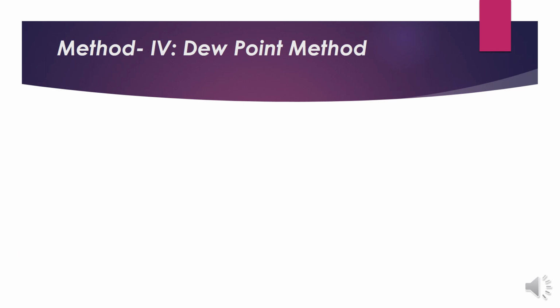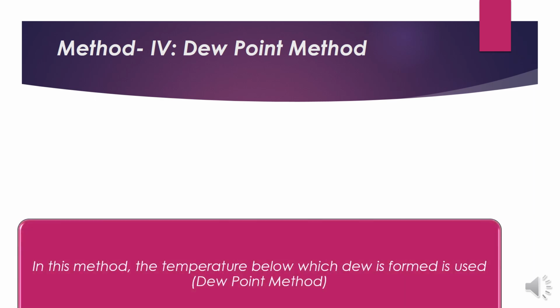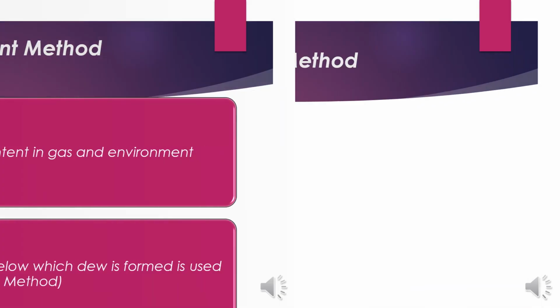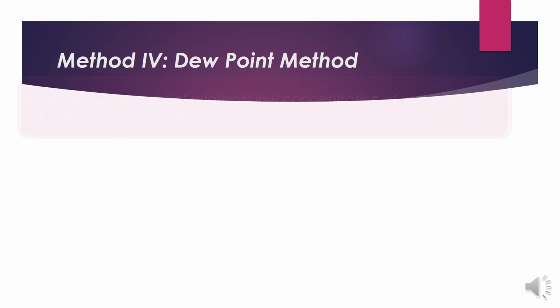So the next method we have is the dew point method. In this method, the temperature below which dew is formed is used for analysis of the moisture. That's why it's called the dew point method. Basically in this method, the determination of moisture content is performed using a gas specimen, and especially to check the environmental moisture content, this dew point instrument is applied.